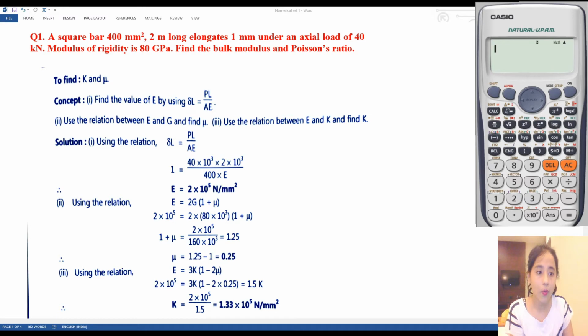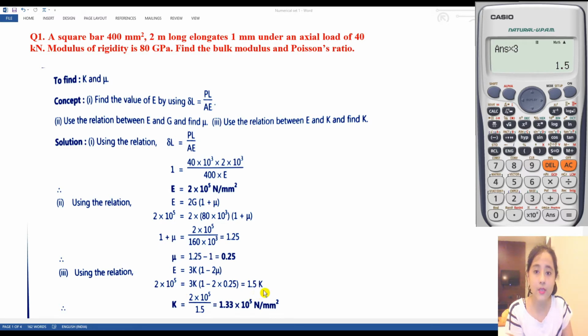So 1 minus 0.5 will be equal to 0.5. So inside the bracket we have 0.5, right? So 0.5 into 3 will give you 1.5 K. So we have 2 into 10 raised to power 5 equals 1.5 K, right?